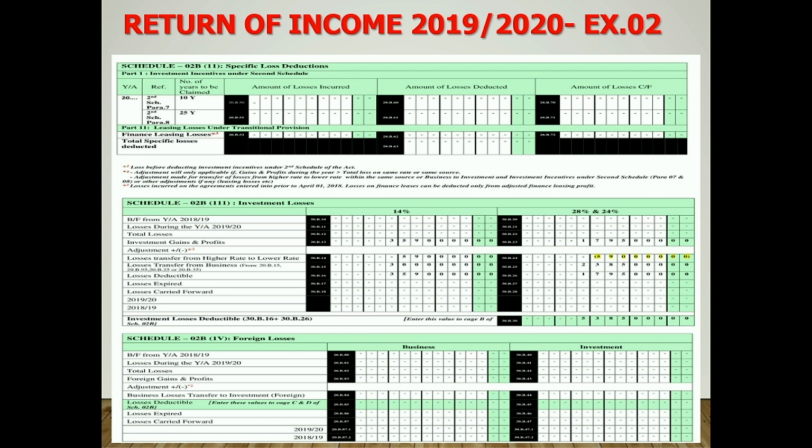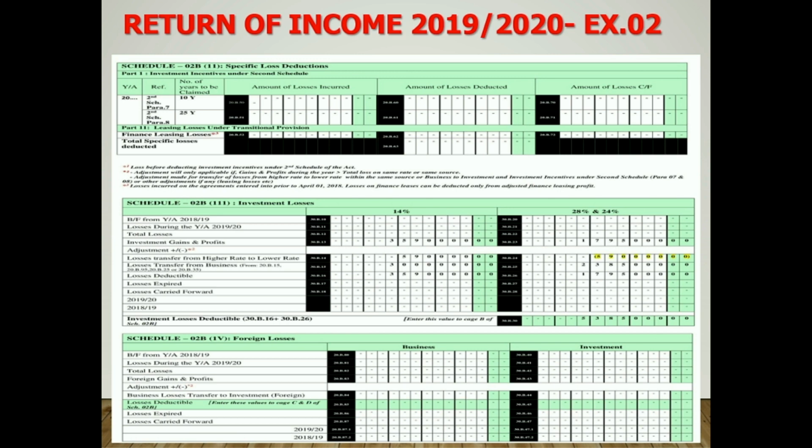Subschedule 2B3 is for investment losses. We don't have investment losses, but we transferred business loss to investment, therefore we have to fill it. Since lower rate profit is high, first we have used the available loss, that is rupees 3 million, and then for the balance amount we have transferred rupees 590,000 from higher rate to lower rate.